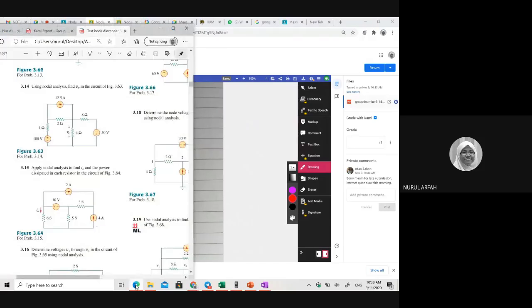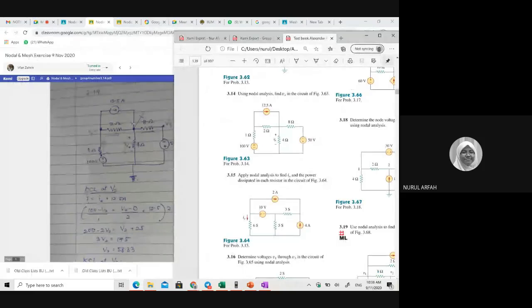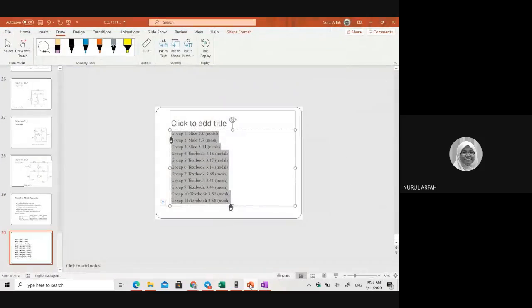Okay. Before that, maybe I will check on your 8 to 2. All elements are correct. 4 betul 50. Okay. Right. The question asks you to use mesh, right? No. Group 6, nodal.